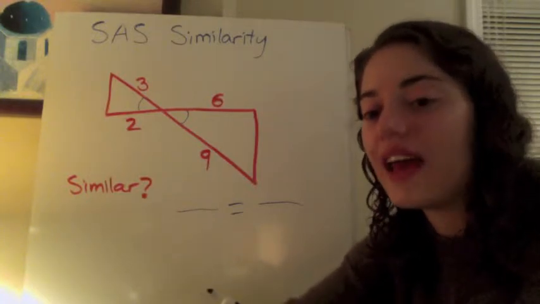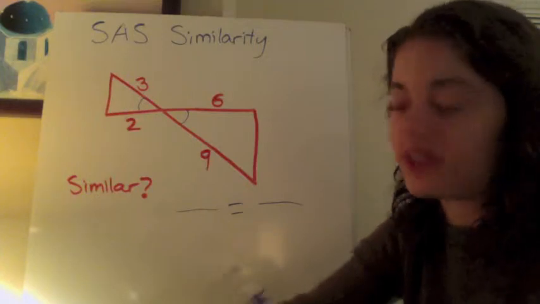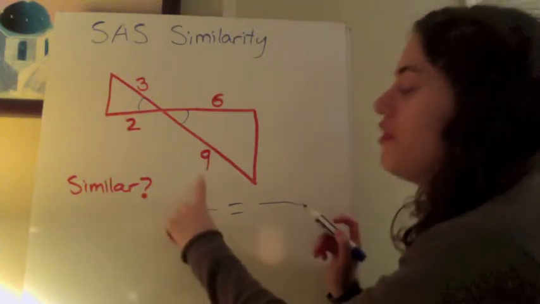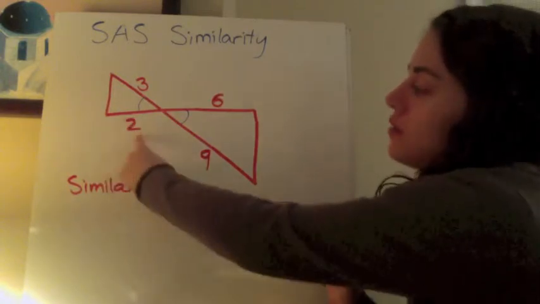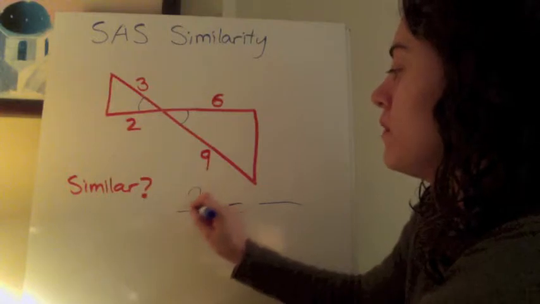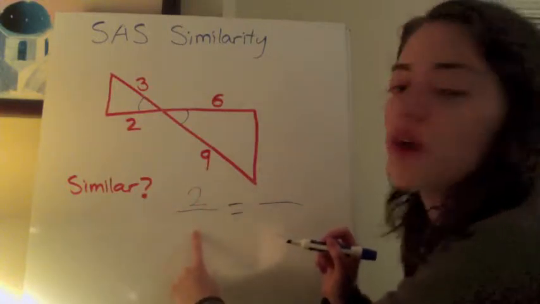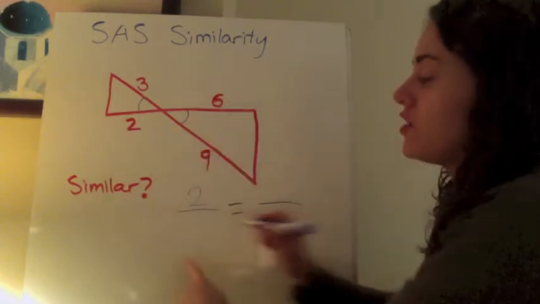So I want to set up some sort of way to relate the sides of these two triangles. And I'm going to do that through turning them into fractions. I'm going to say my smaller side of my little triangle, and that's going to be proportional to my smaller side of my bigger triangle.